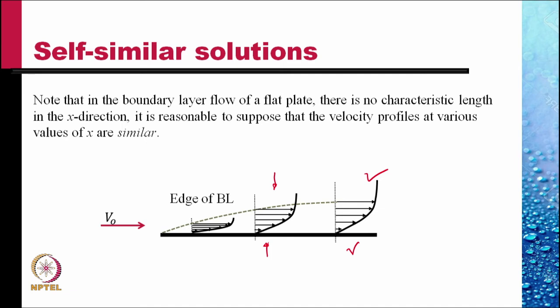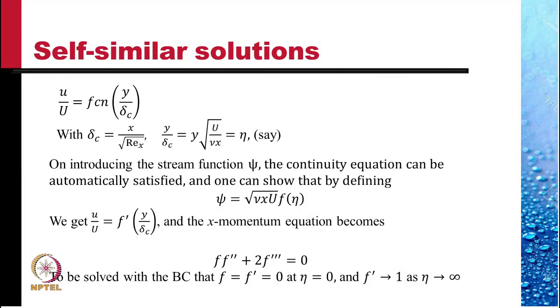So in these cases, we can treat as if there is only one space variable, and that u by capital U is a function only of y divided by delta. There is no x dependence except that the delta is a function of x.